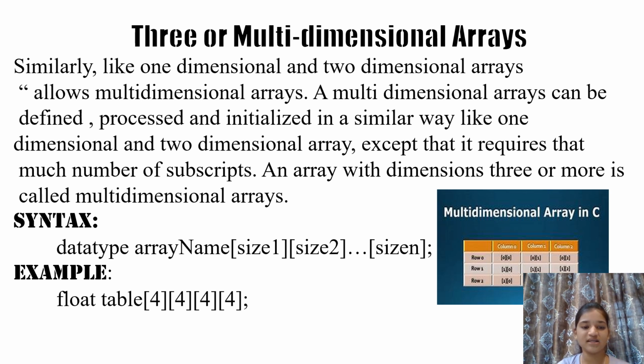Here we see the syntax: data type array name[size1][size2] till [sizeN]. Example: the data type is float, the array name is table, and the sizes are 1, 2, 3 till n. We can give any number, here we have given 4, 4, 4, 4.